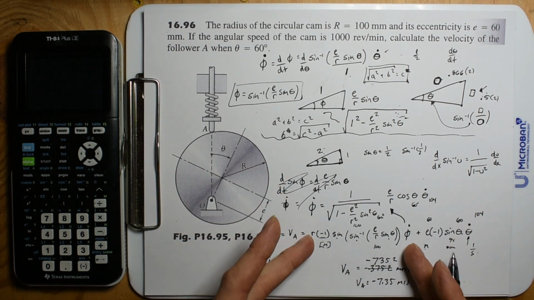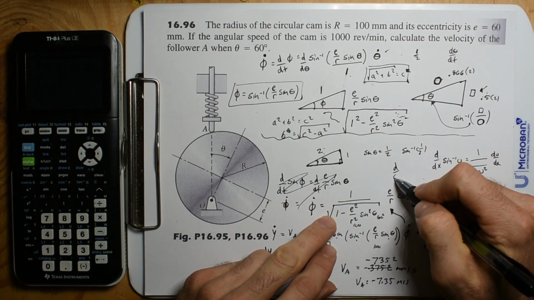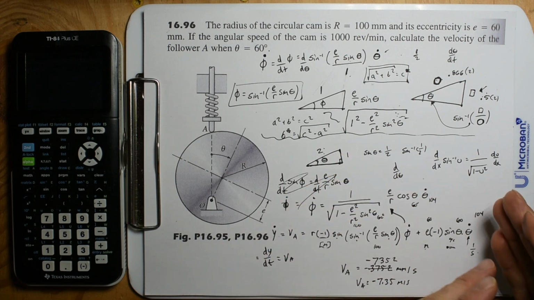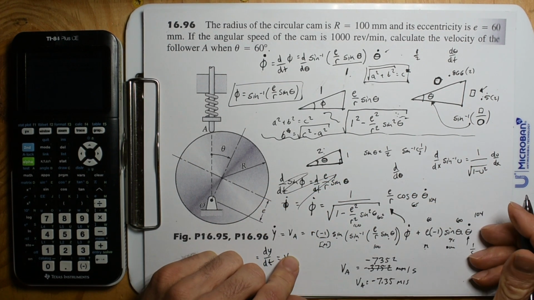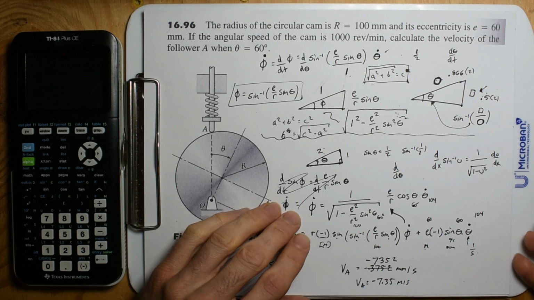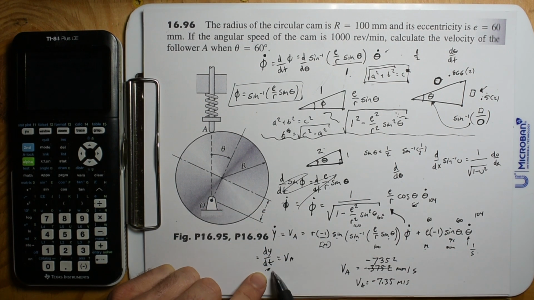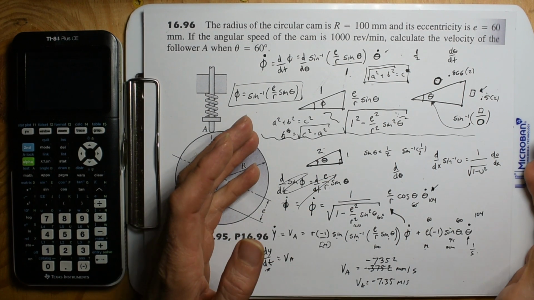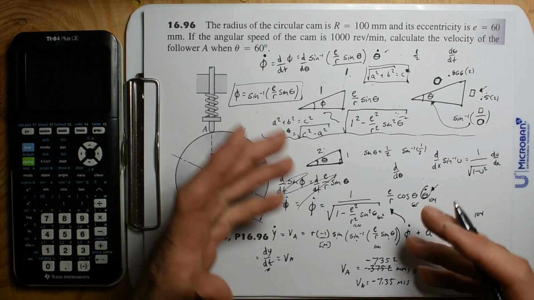It can, if you have a piece where you ask for the differential of this with respect to theta, it'll do that. So you'll have to do a bunch of those and do printouts to maybe get the right answer. It's not going to differentiate with respect to time when your function is a function of theta, and it's not going to put these theta dots in all the right places.